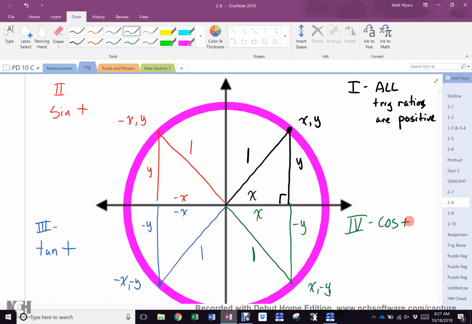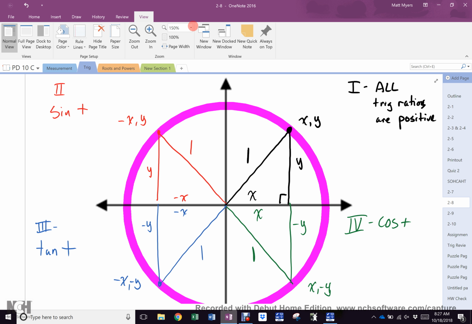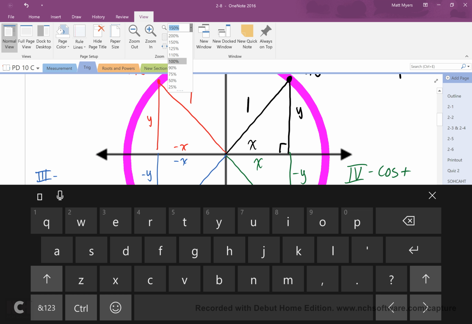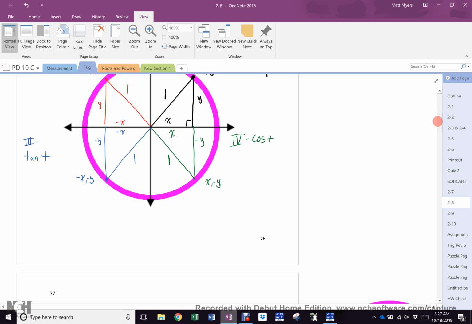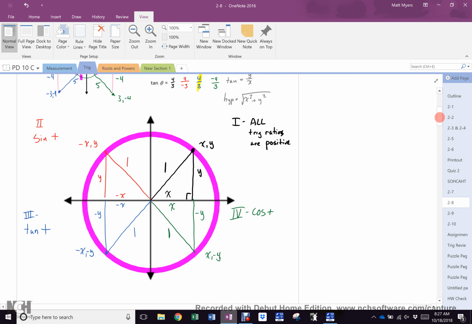I'm just seeing if everybody's cool with that. Is everybody good? Now, I'm going to shrink this down a little so I have a little more space to work with. This sets up another mnemonic device, like SOHCAHTOA. Okay?